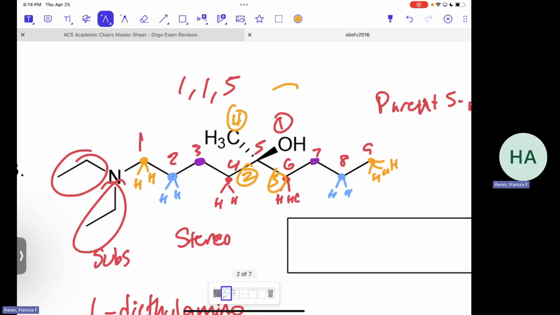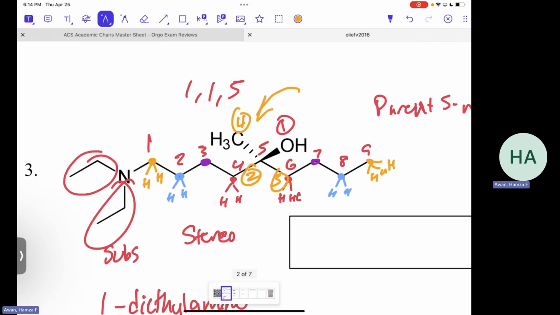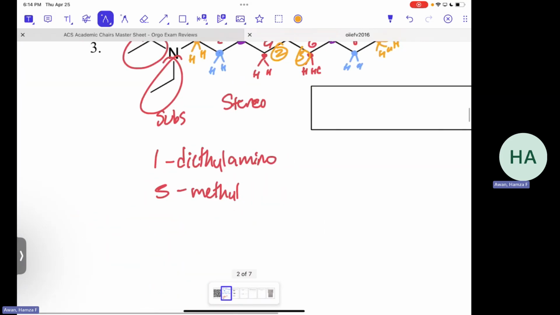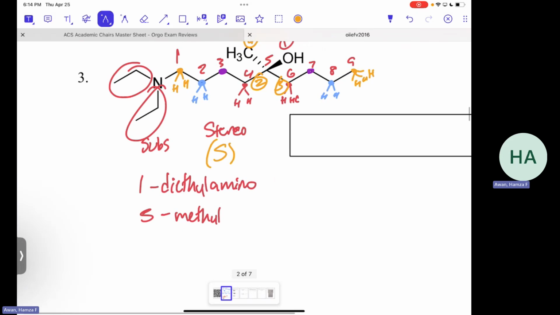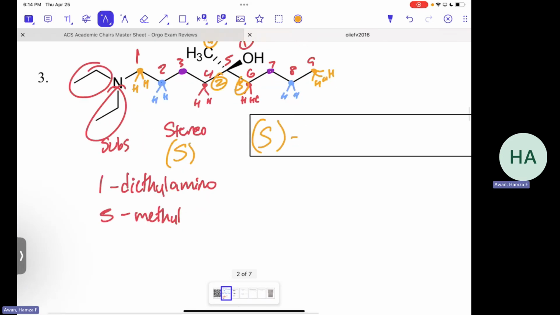So whenever we draw the arrow, it's going to be coming this way, which is counterclockwise. So remember, for counterclockwise, we have S stereochemistry. So now if we put it all together, we can put S dash. Remember, we want to put it in alphabetical order.